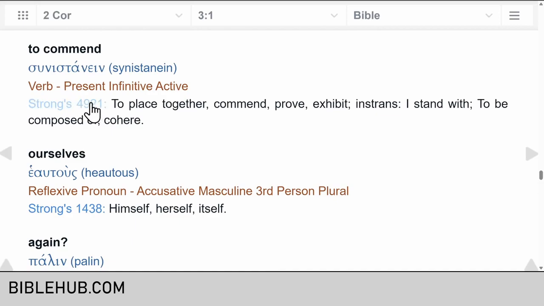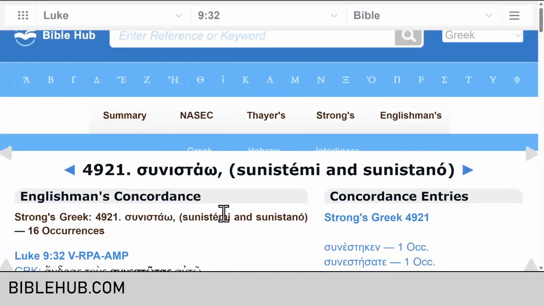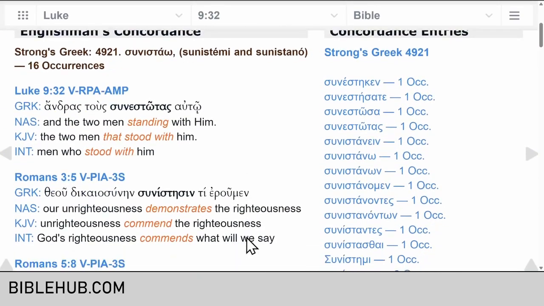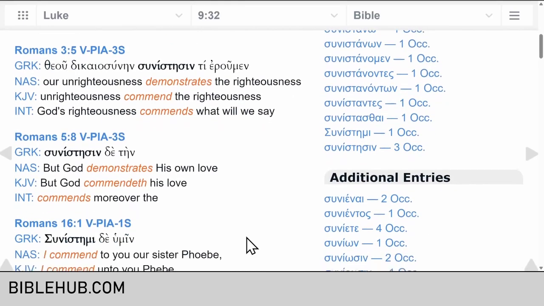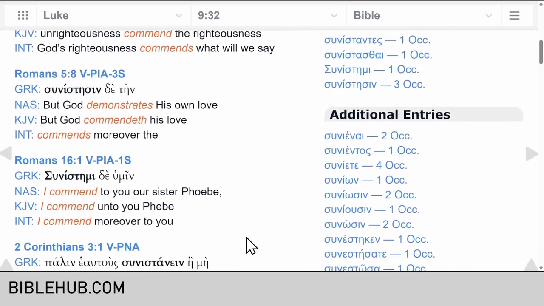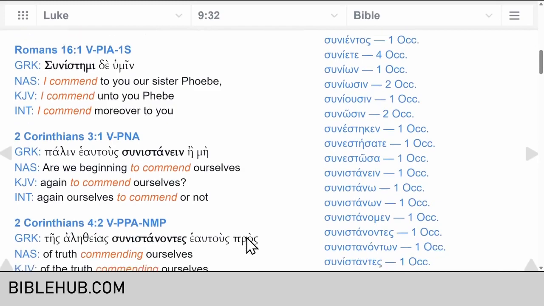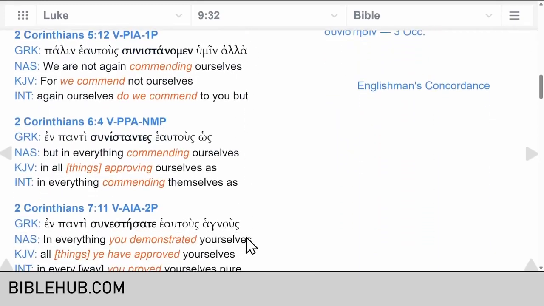So we could click on this one to begin with. You already have a bit of the definition: to place together, commend, prove, exhibit. But if we click on where it says the Strong's number here, it will take us to a page that has all the different places that that word or some derivative of that word are used throughout the New Testament.